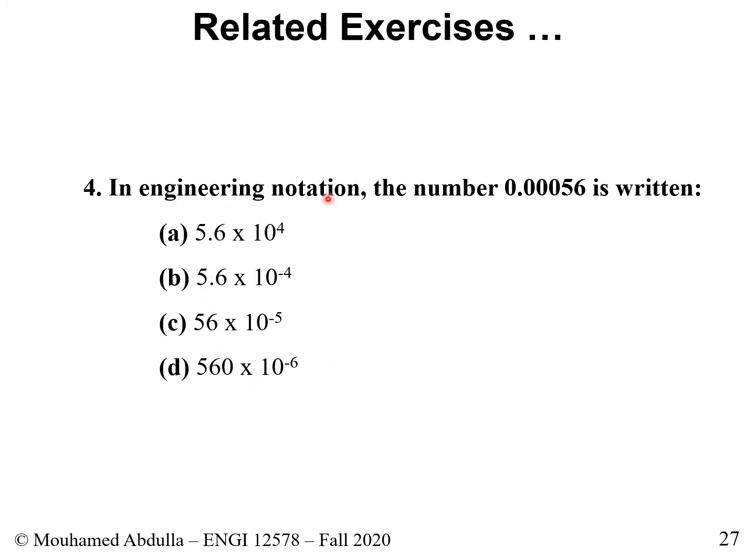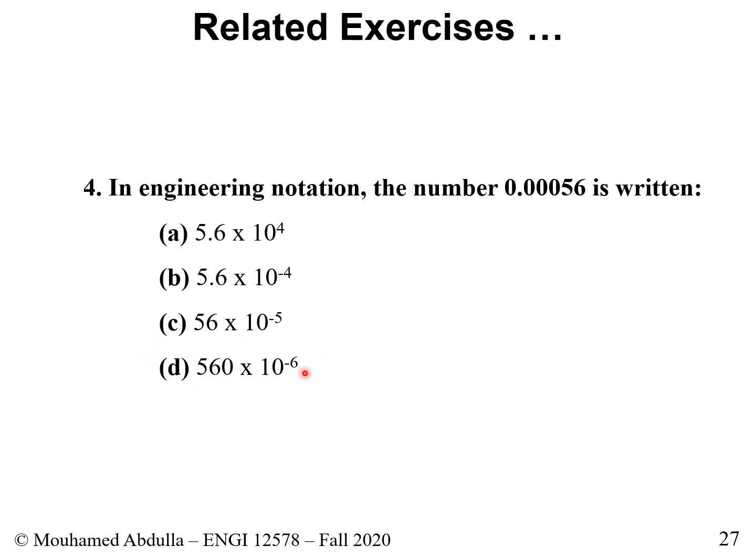In engineering notation, the exponent, the times 10 to the B, should be a multiple of 3. 4 is not a multiple of 3, so we know A cannot be the answer. Minus 4 is not a multiple of 3, so we know B will not be the answer. Minus 5 is not a multiple of 3, so we know C will not be the answer. So without even looking, we converge to D.